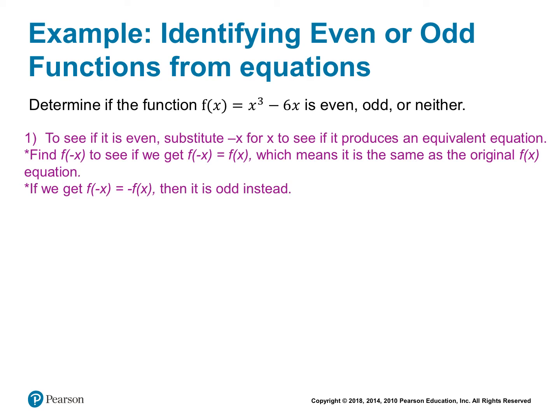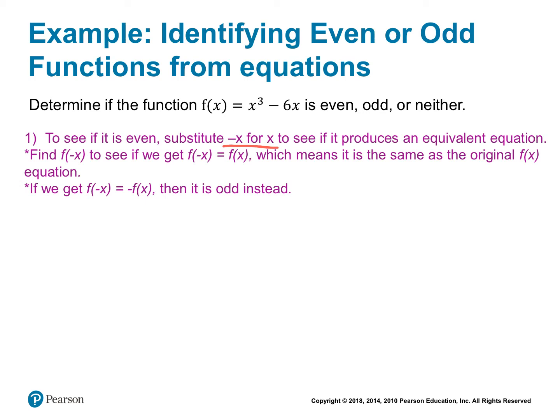So let's use equations to help us figure out if it's even or odd. Determine if the function f of x equals x cubed minus 6x is even, odd, or neither. If it's not even or not odd, then we're just going to write that it's neither. To see if it is even, again, we're going to substitute negative x in for x to see if it produces an equivalent equation.